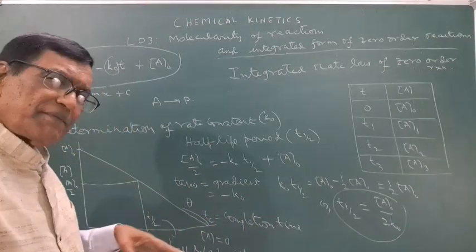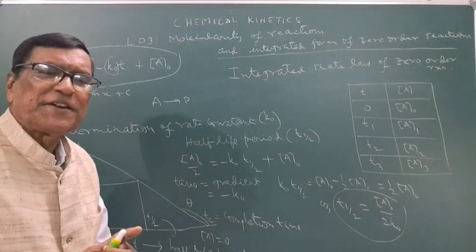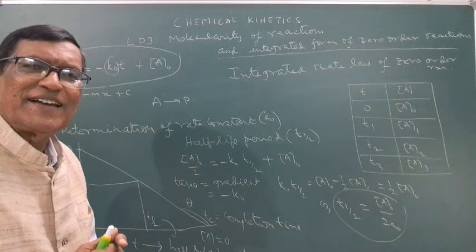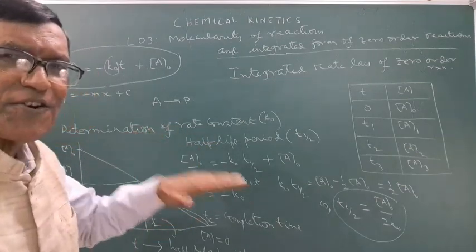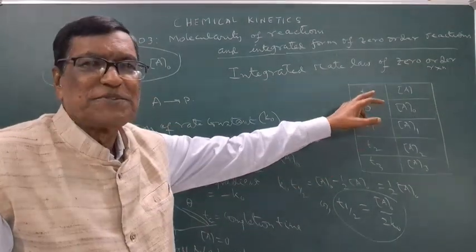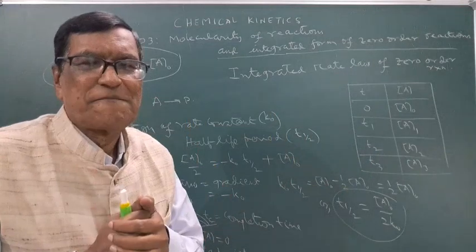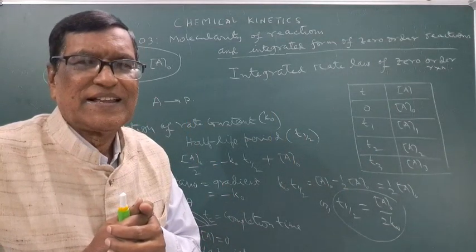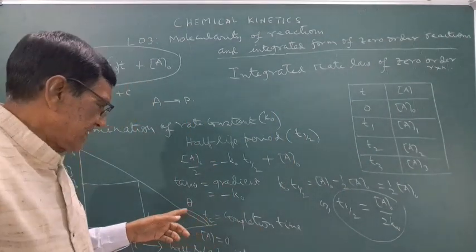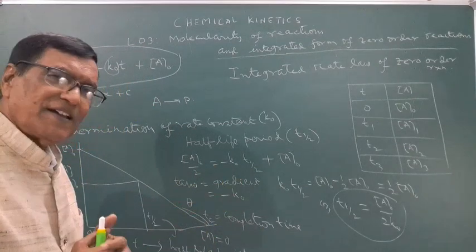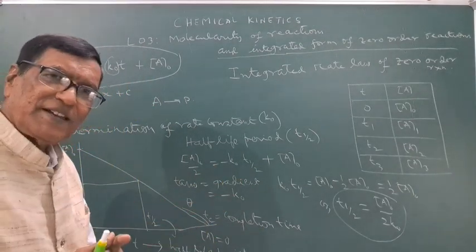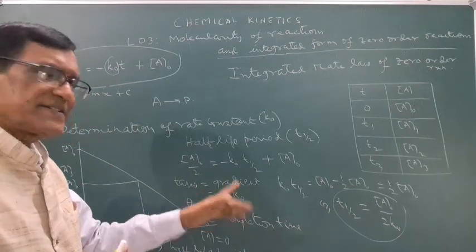So from this graph itself, you can determine the rate constant of this reaction, and the graph is drawn on the basis of this kinetic data. This gradient, tan theta, is the gradient of this straight line, and this one is minus K naught.